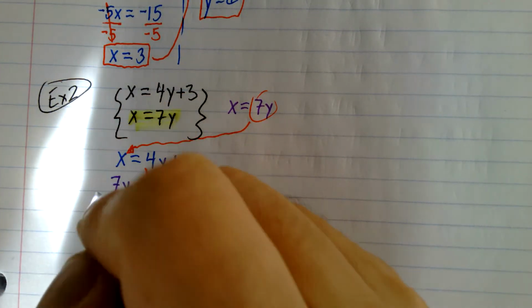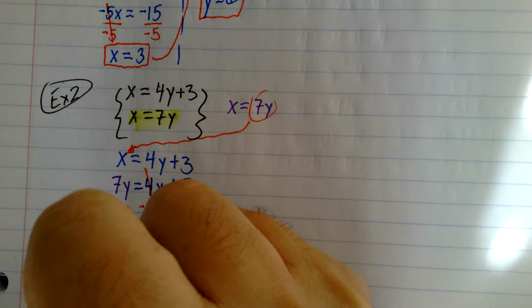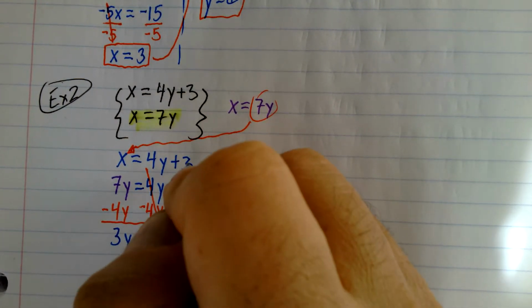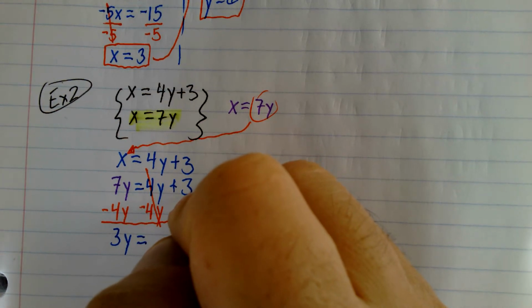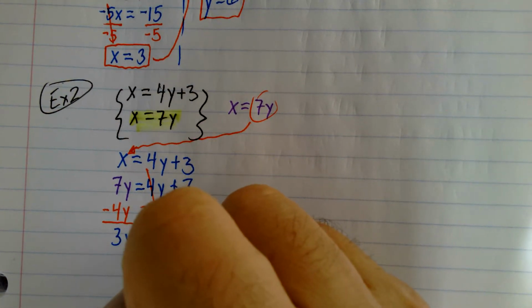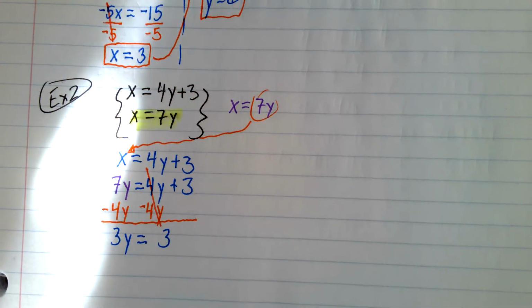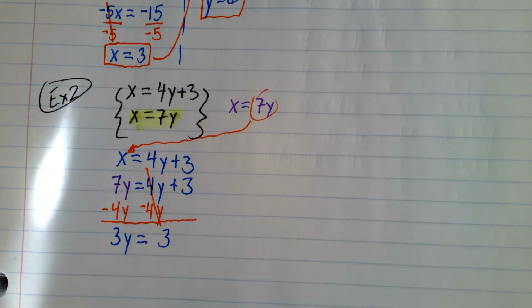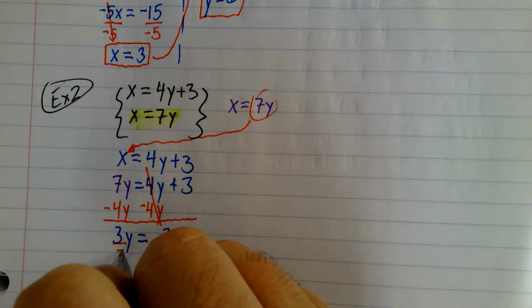Because 4y and negative 4y cancel. That's gone. And then 7y minus 4y is 3y equals, well, I had 3 here. I just bring it down. All right. So now I got 3y equals 3.